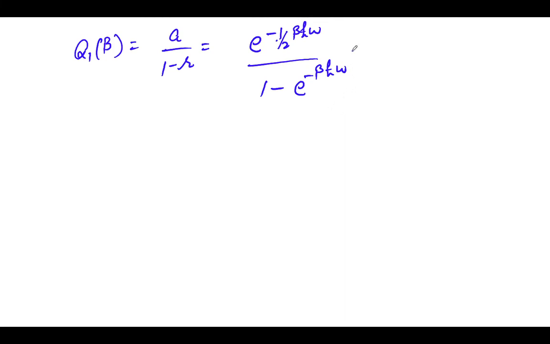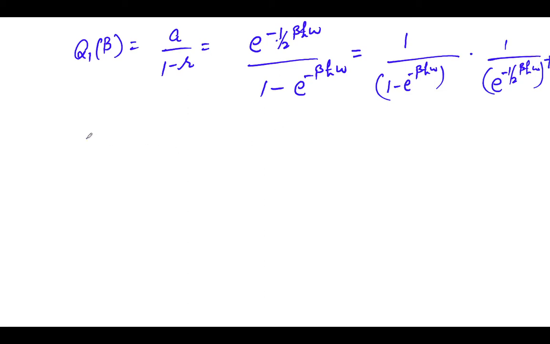Now in this equation, if I move the numerator term to the denominator, I can rewrite it as exponential of minus beta h bar omega, the inverse of exponential of minus 1 by 2 beta h bar omega.